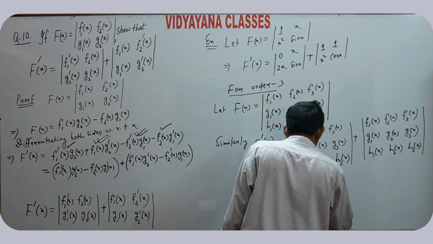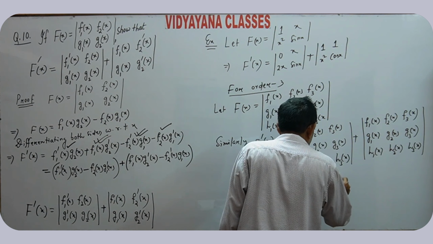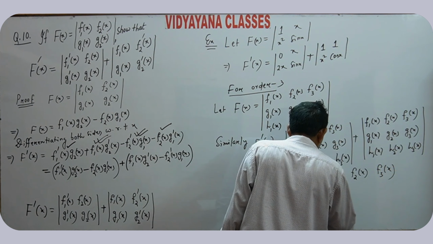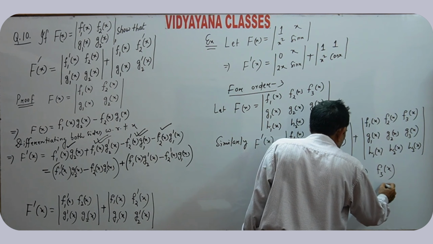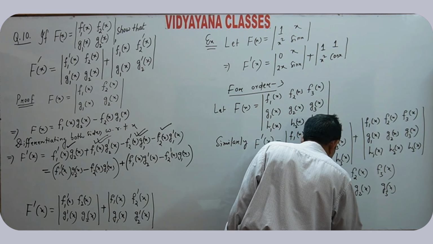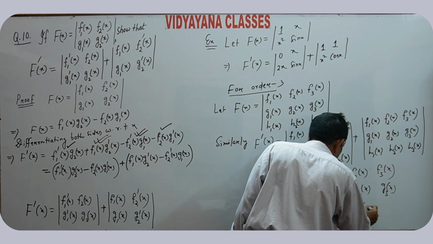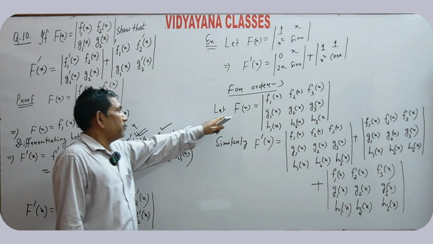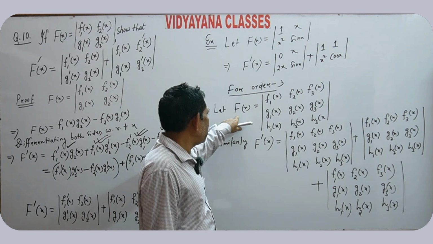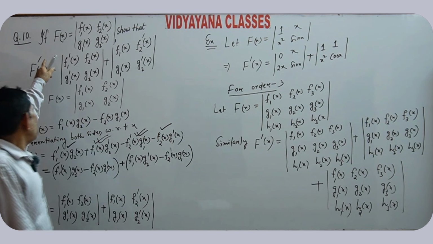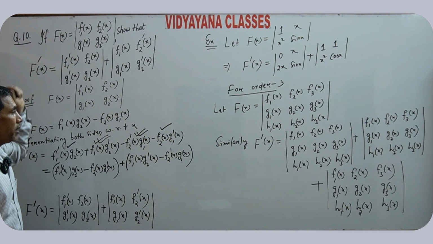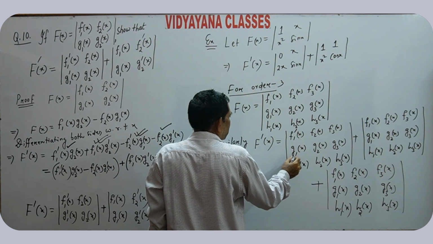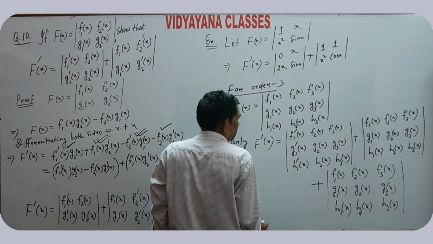Differentiating capital F(x) with respect to x, for order 3 we have the derivative of the elements of the first column: f1 dash x, g1 dash x, h1 dash x.